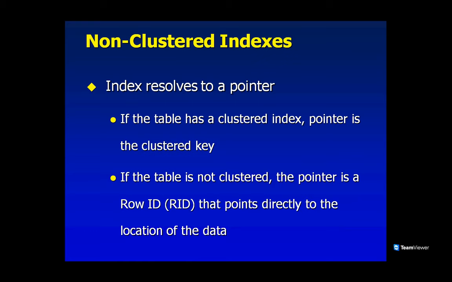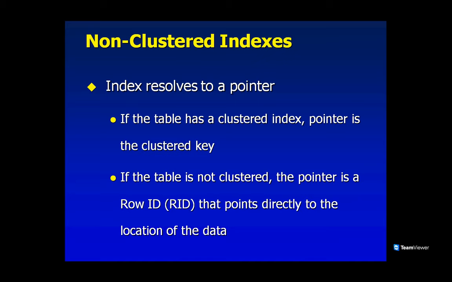I told you about pointer arrays. If the table has a clustered index, the pointer is the clustered key itself. So every row will have a key, and the key will be given to the non-clustered index.